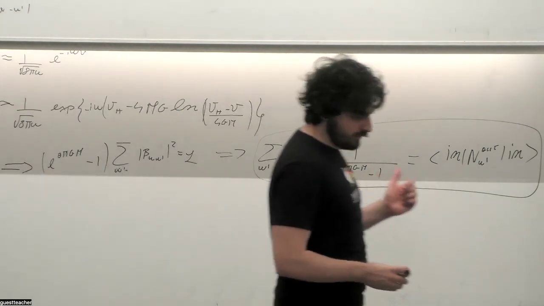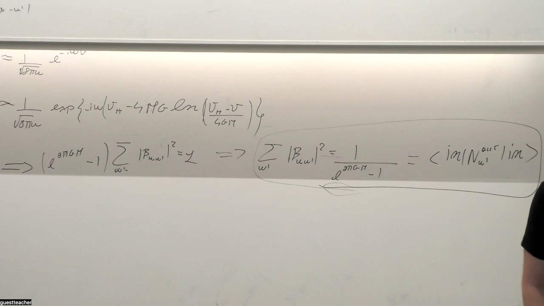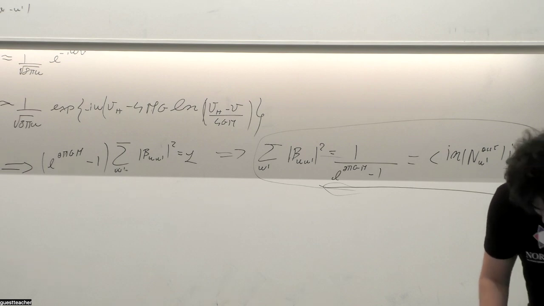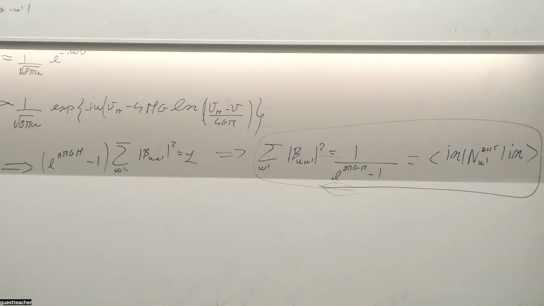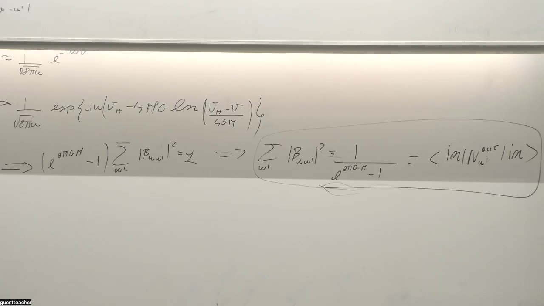So first of all, let me check that the coefficients are correct. Yeah. So what is the expectation value? What is the Planckian spectrum? Because we are talking about a scalar field.